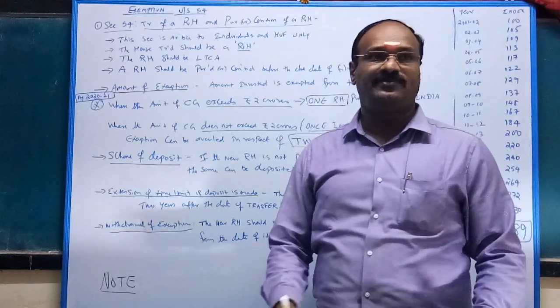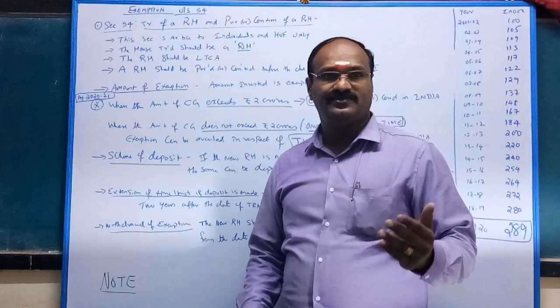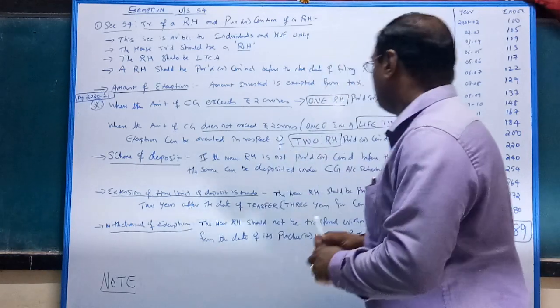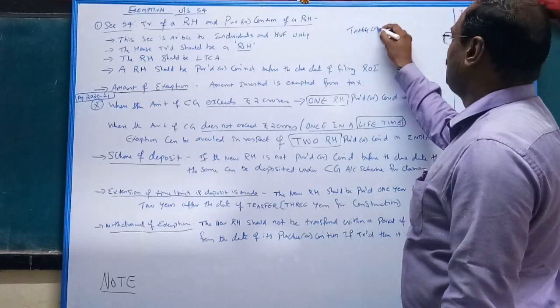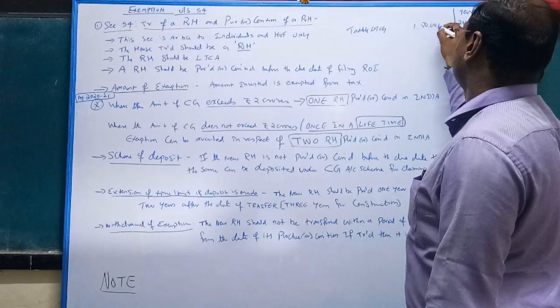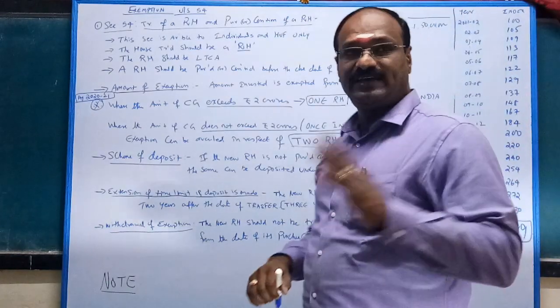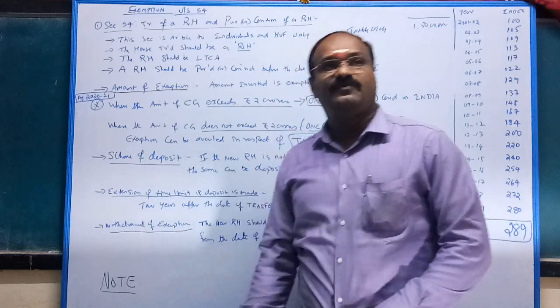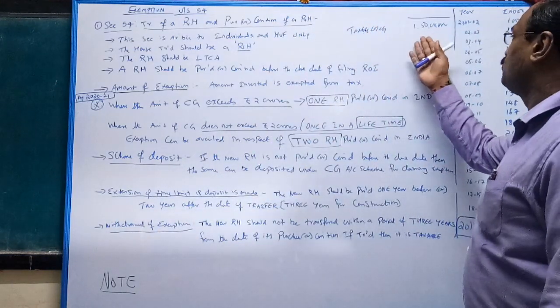Suppose your taxable capital gain... See, last class we saw that I think we did three sums. You have taxable long-term capital gain, say, suppose 1.5 crores. If you transfer a residential house, you are supposed to have a capital gain of 1 crore 50 lakhs.